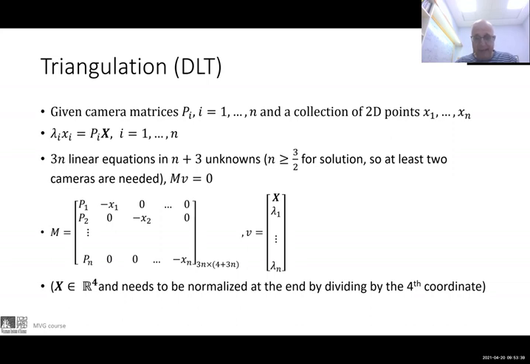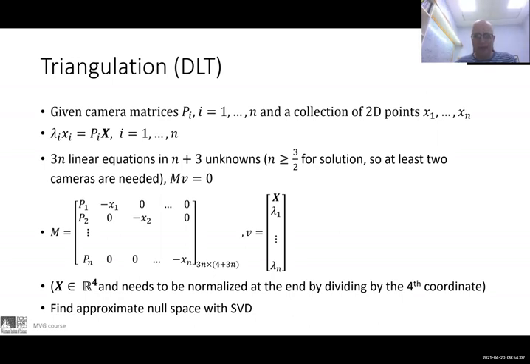At the end, when you solve this, you need to normalize x by the 4th coordinate so that you get 1 in the 4th coordinate. Okay, and I think, Merav, you taught DLT already, right? Yes. So the solution to this is to find the null space.